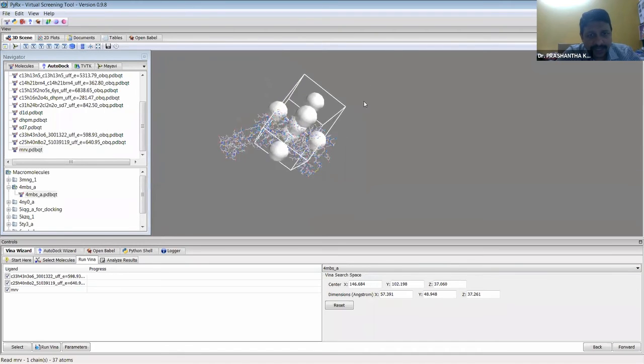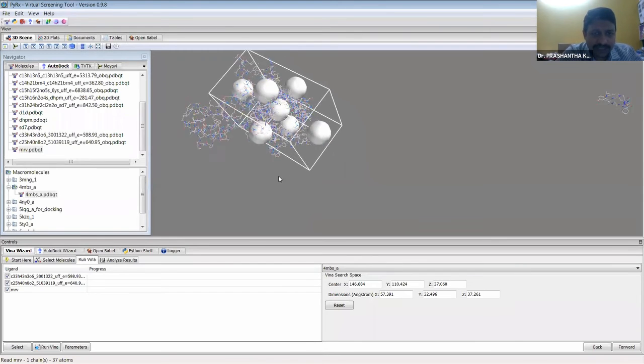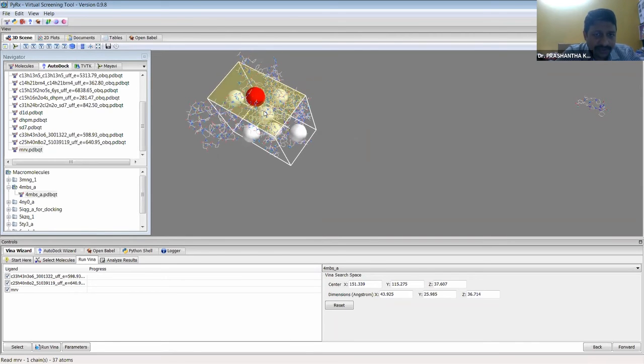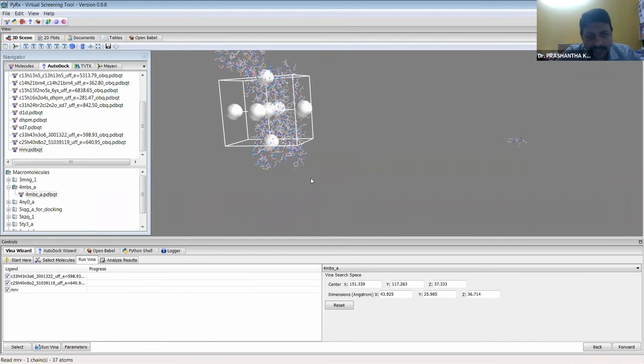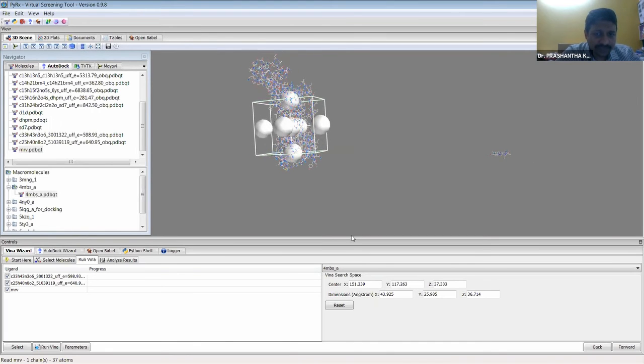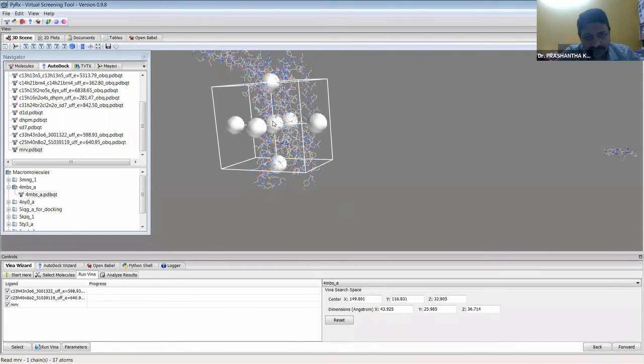The binding region is very clear to me. I have collected that information from PDBsum. I know the residues, so why should I do a blind docking? Then set the grid box. If you know the binding site, don't do a blind docking, set the grid box.